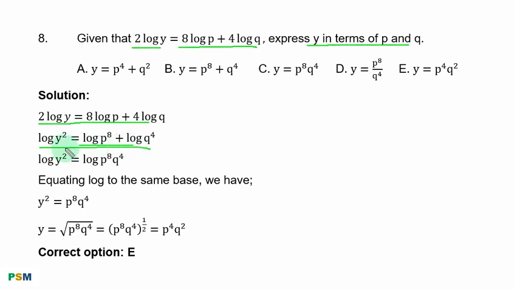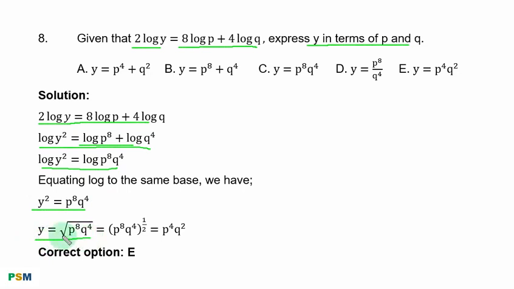From the right hand side, you apply law of addition. The common base here is 10. So addition implies multiplication of the numbers. If you equate log to the same base, you have y squared equal to p power 8 times q power 4. To get y, take the square root of both sides.